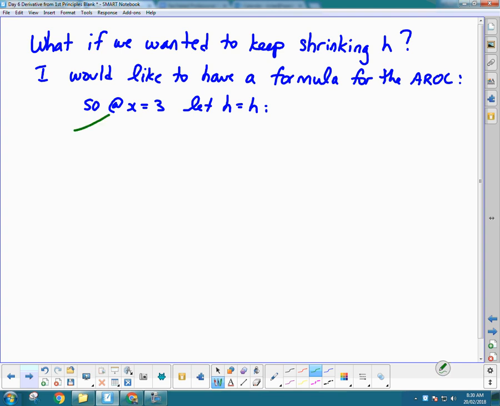So here, this is still going to be a. We're still estimating this at x equals 3. So a is 3. But what we're going to do instead of saying that h is 0.1 or 0.01, we're just going to let it be a variable. So this time, it'll be f at 3 plus h minus f at 3 all over h.